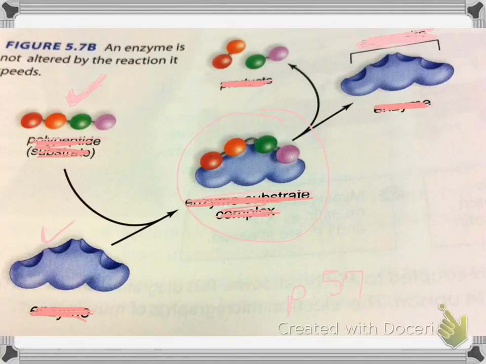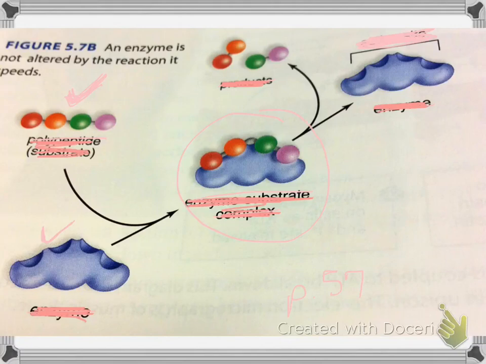Here's how I do it. I can tell that this is the enzyme and the top one is the substrate because the substrate changes. Right, check it out. The substrate changes in the artwork. What's the substrate change into? Product. Does the enzyme change?